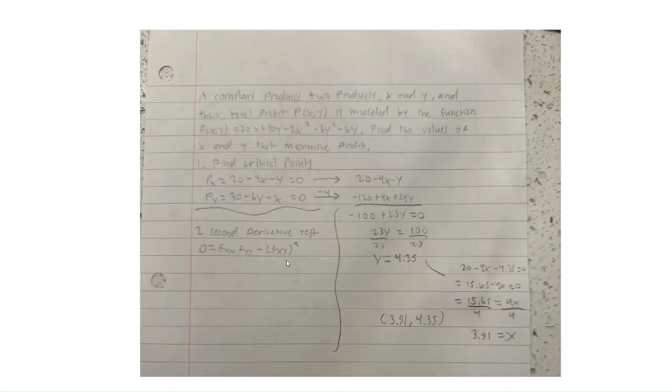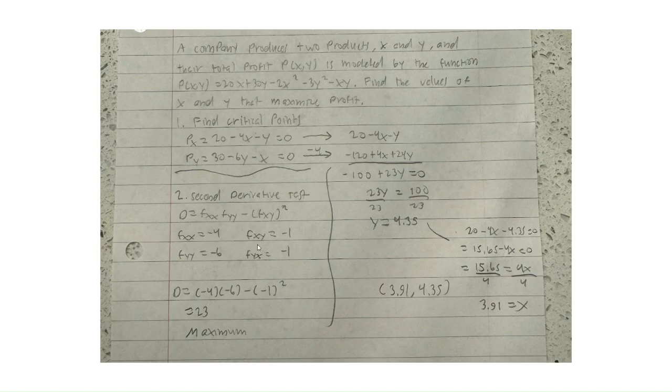So to actually determine if this point is a maximum, we have to put it in the second derivative test, which is D equals fxx fyy minus fxy squared. So to solve for these, we would have to find the second partials for these two equations.